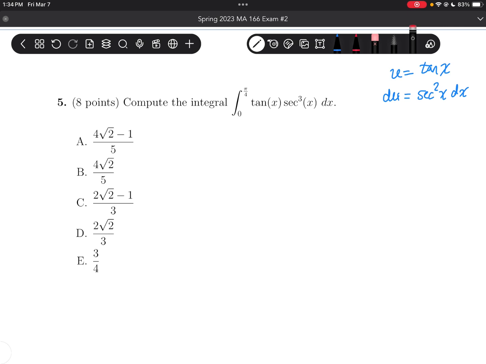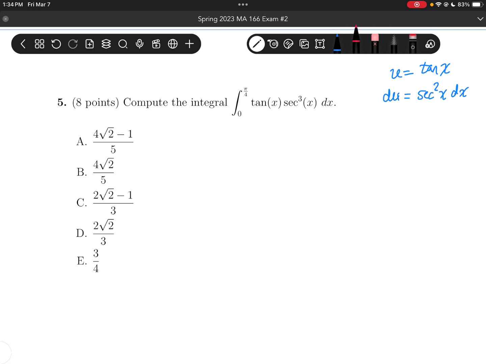The reason u sub is a good strategy in this specific problem is because we have both tangent x and secant x. U sub is always a good option when you see that the expression has a function and something that looks similar to the derivative of that function. So I have tangent x, the derivative of tangent x is secant squared x. So that's how I get the idea that maybe u sub is a good choice to use here.